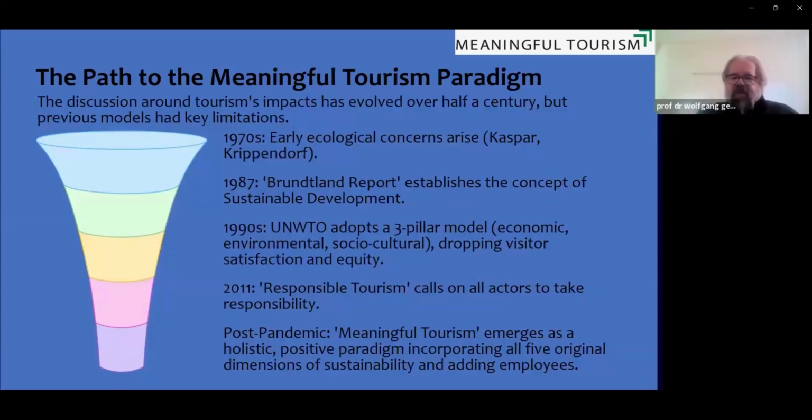So post-pandemic, meaningful tourism was developed during the pandemic and refined and discussed with many colleagues and with our partners as a holistic, positive paradigm incorporating all five original dimensions of sustainability. So economic, environmental, social culture, satisfaction, equity, and adding employees as an important stakeholder to the concept.